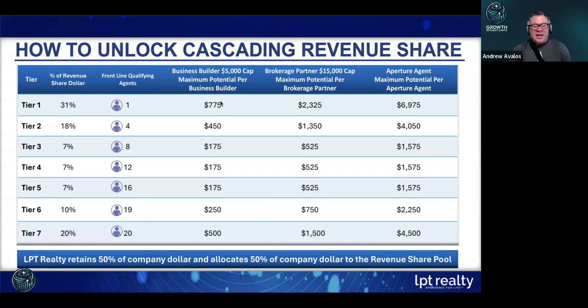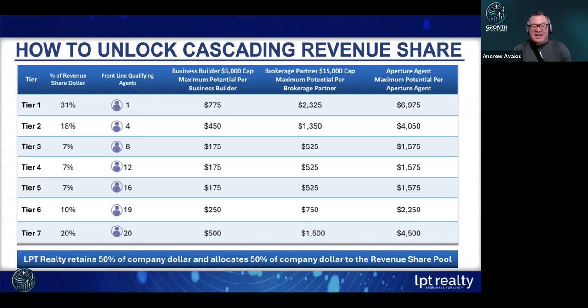If you were to take a look at all of the 775, 450, 175 three times, 250, and 500, you would see that that actually adds up to $2,500, which is a true 50% of the $5,000 cap. The same is true with the brokerage partner plan at $15,000.